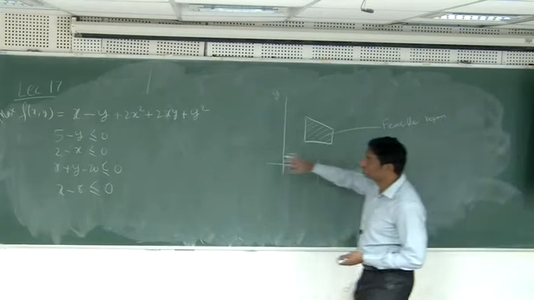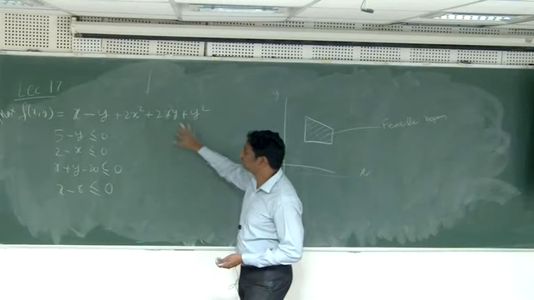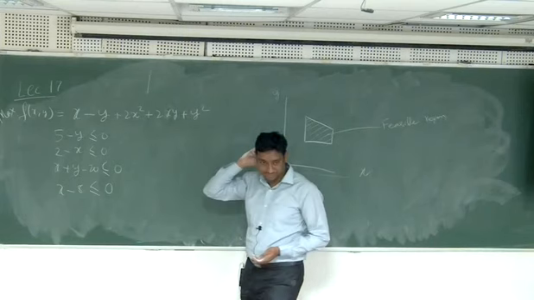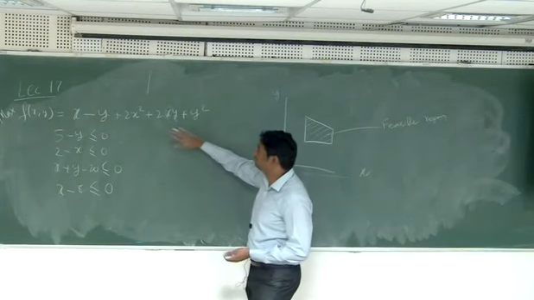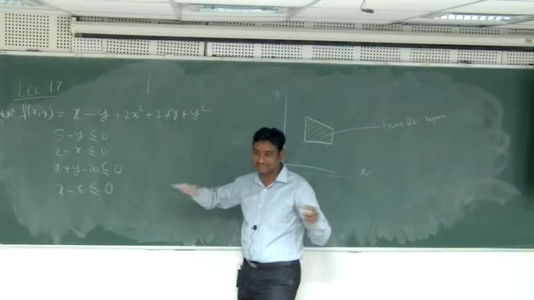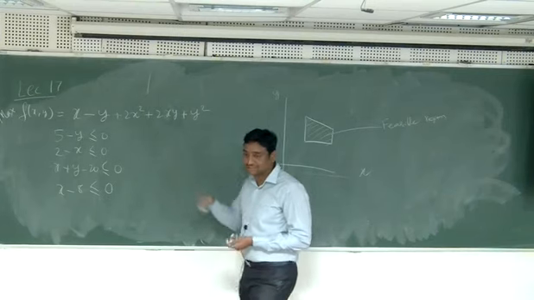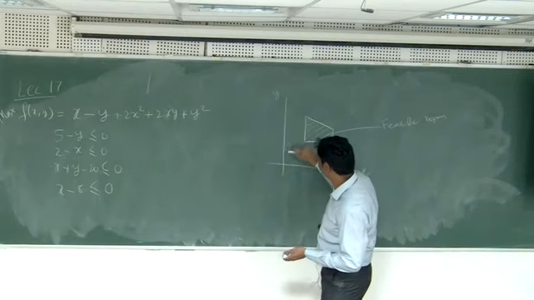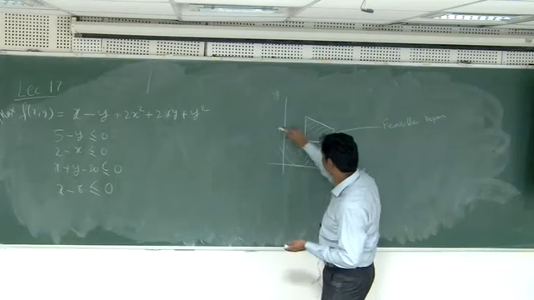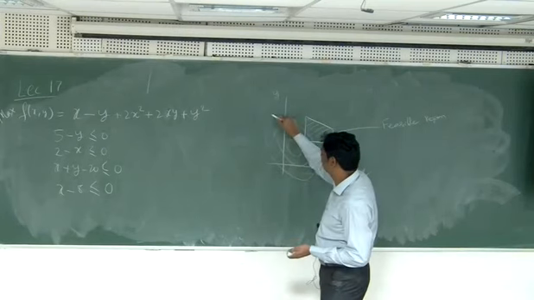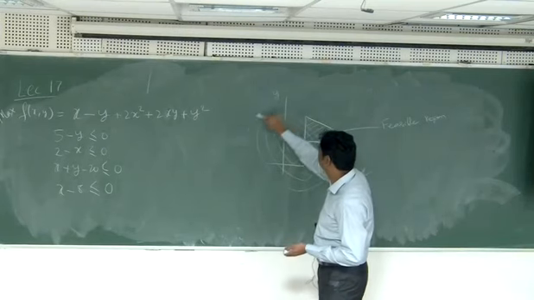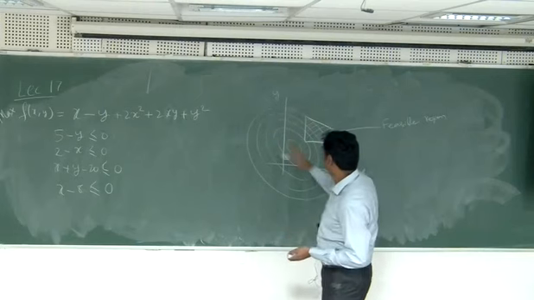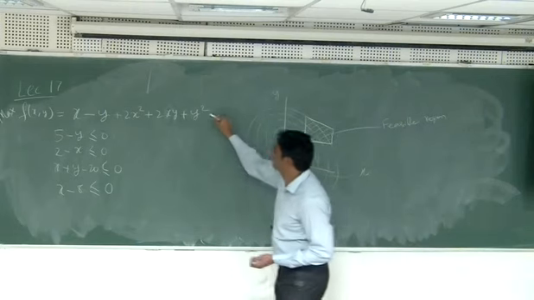Now look at this function. This is something like an ellipse, which is not straight in x and y because x into y is there. So it will be some function like this. I am drawing some values like this, which will be equal to k.